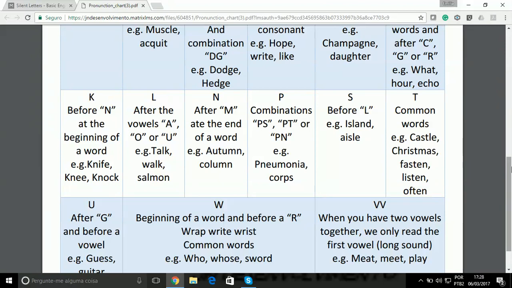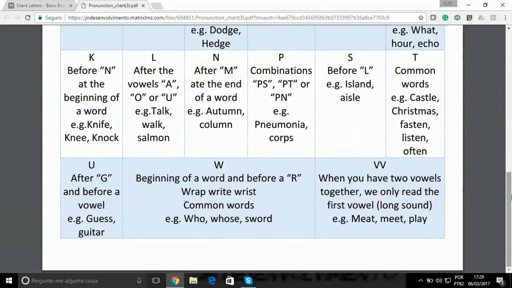These are some examples of these common words: castle, Christmas, fasten, listen, often. The U, we don't read it normally when it comes after the G and before a vowel. So we're going to say guess, guitar, colleague.